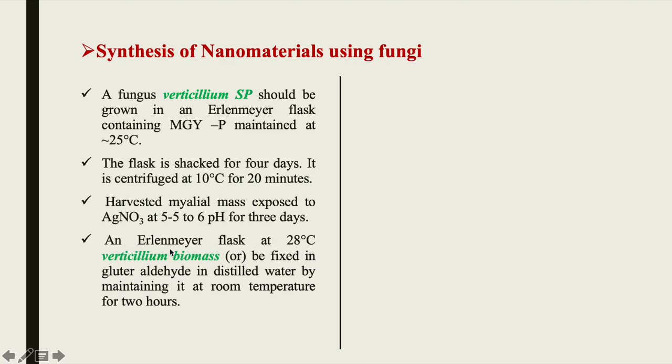In an Erlenmeyer flask at 20 degrees Celsius, the Verticillium biomass is fixed in glutaraldehyde in distilled water by maintaining it at room temperature for 2 hours. So you have to add this glutaraldehyde into the distilled water, and keep it at room temperature for 2 hours.